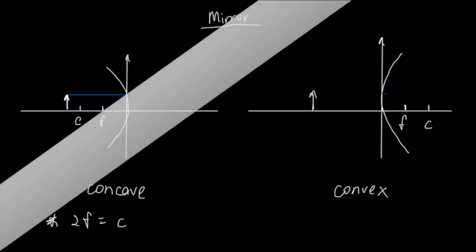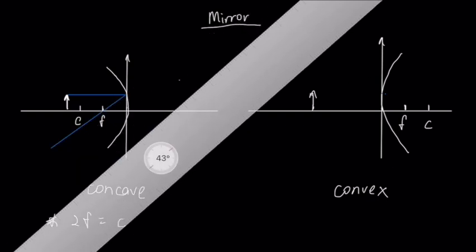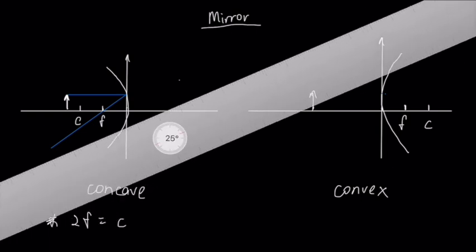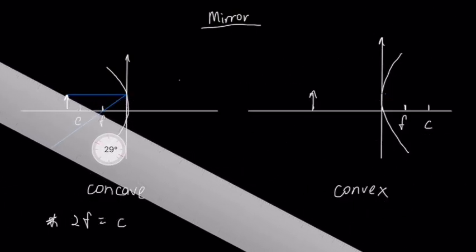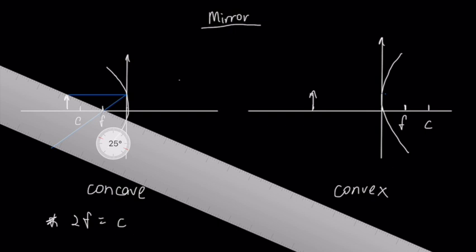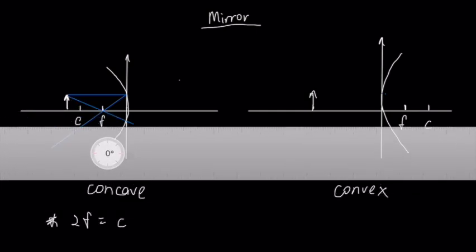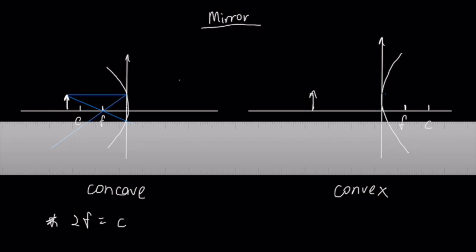Okay, focal length, and then after that you draw the same thing. Secondly, you draw, it passes through the focal length, and then after that bounces back in a straight line where it intersects here.